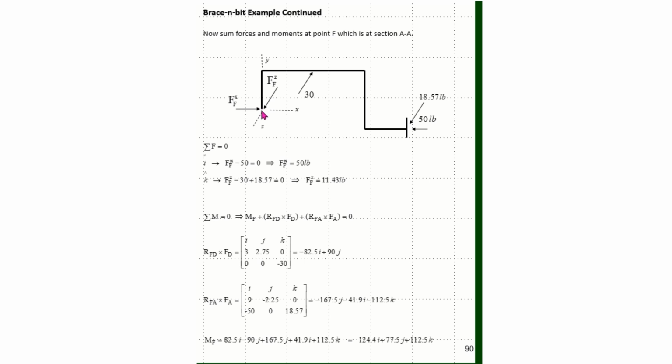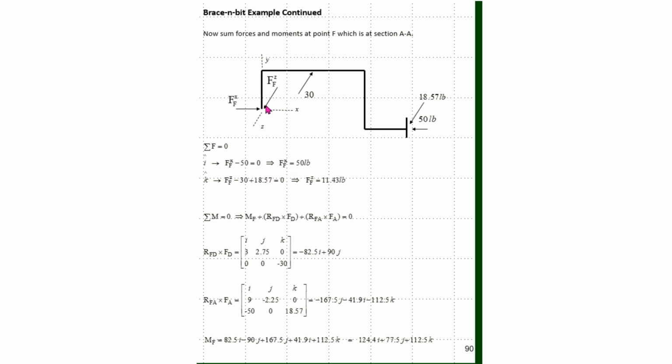So now I sum forces and moments at this point of interest. Summing forces, I have FFX, which is going to be positive, counteracting this negative 50 pounds. So I know that FFX is equal to 50.